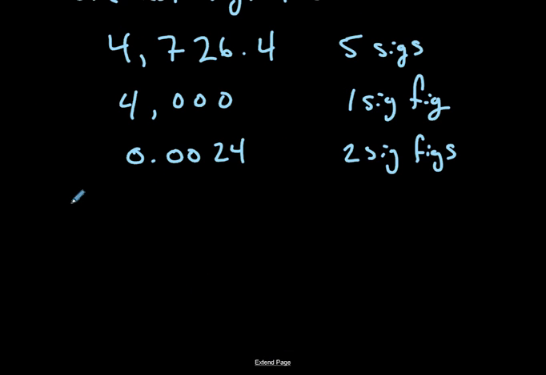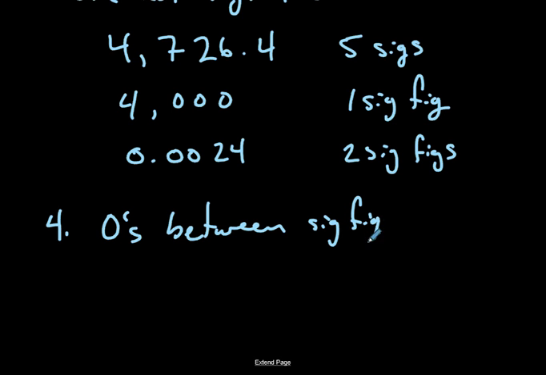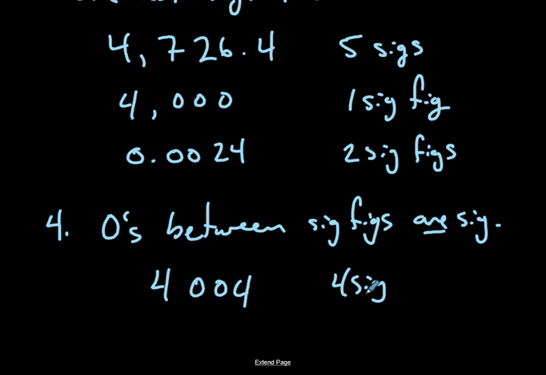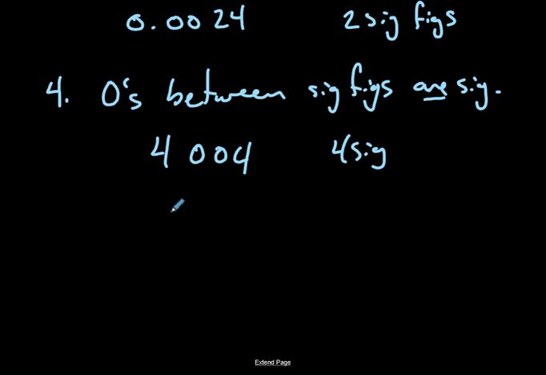Zeros between sig figs are significant. So that has 1, 2, 3, 4 sig figs.